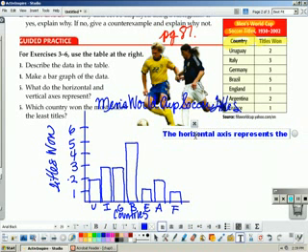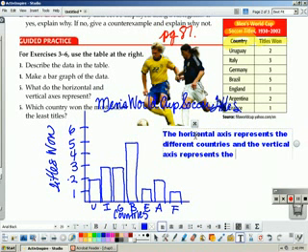It represents the different countries, and the vertical axis represents the number of titles won by each country. So we've restated our question.